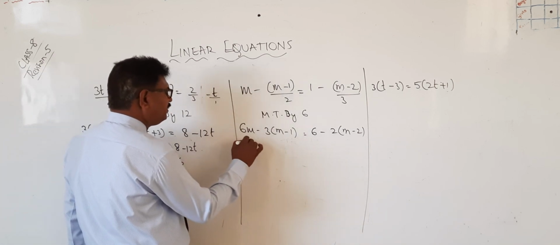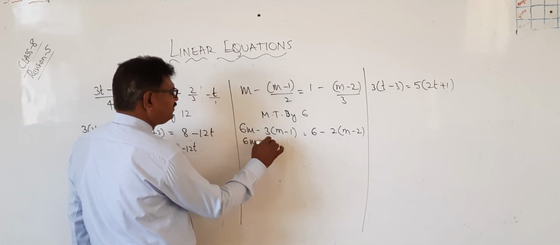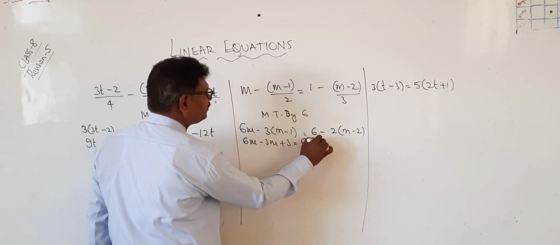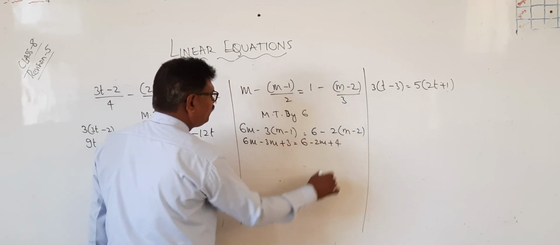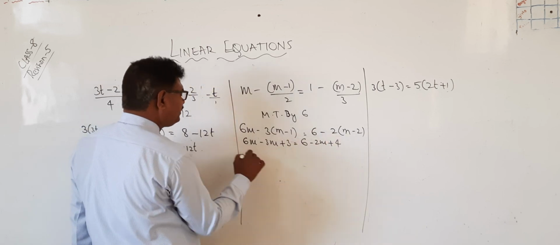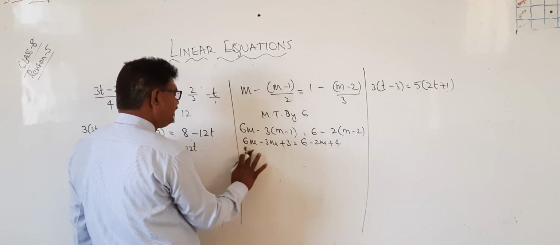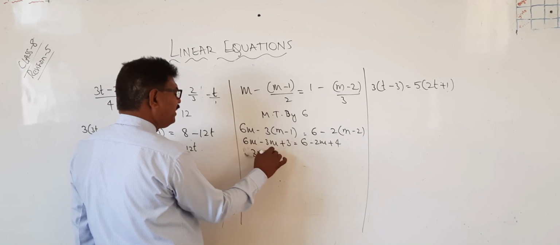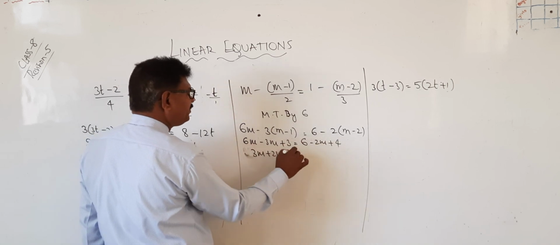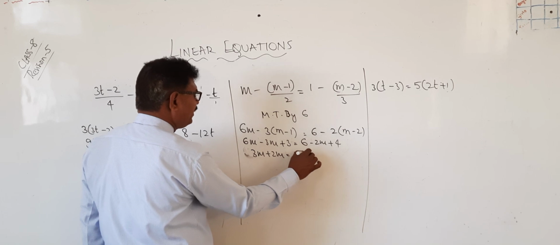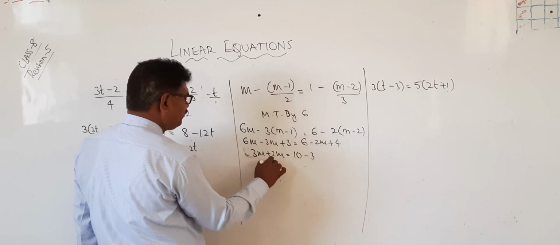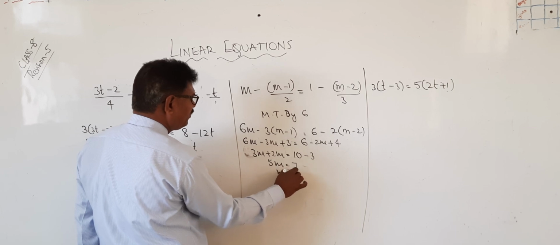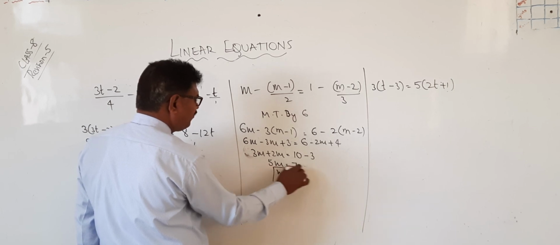Now again 6m minus 3m plus 3 is equal to 6 minus 2m plus 4. Now bring this side. 6m minus 3m is 3m plus 2m is equal to 6 plus 4 is 10 minus 3. Therefore 5m equal to 7. Therefore m equal to 7 by 5.